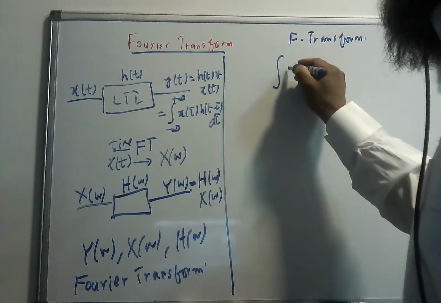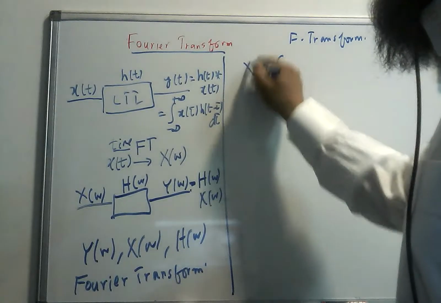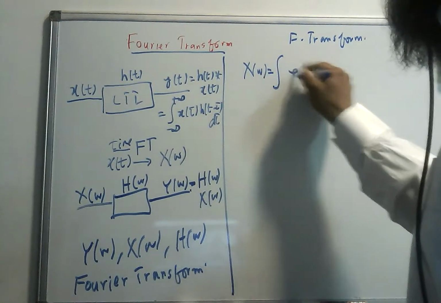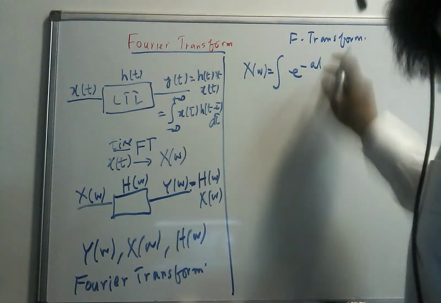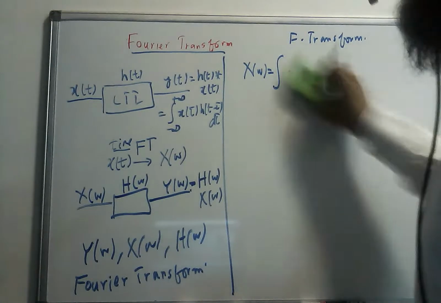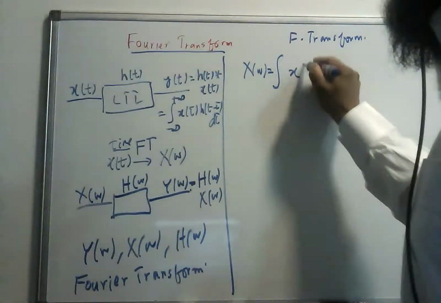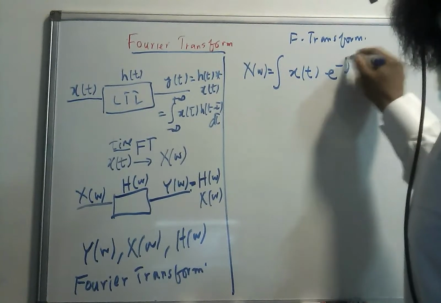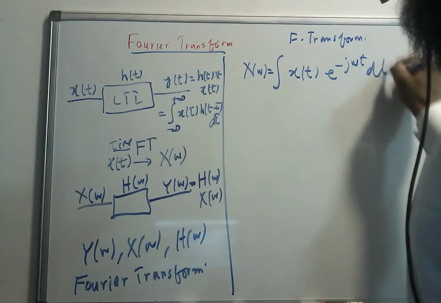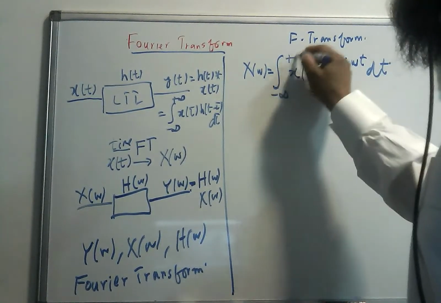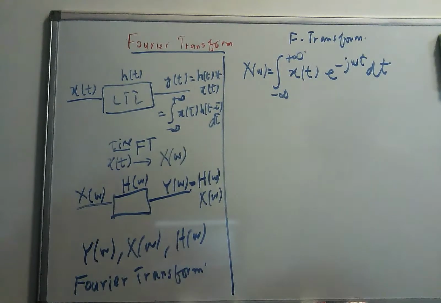I want to find x of omega, which is the integral of x of t multiplied by e raised to the power minus j omega t, from minus infinity to plus infinity, and this gives me my Fourier transform.